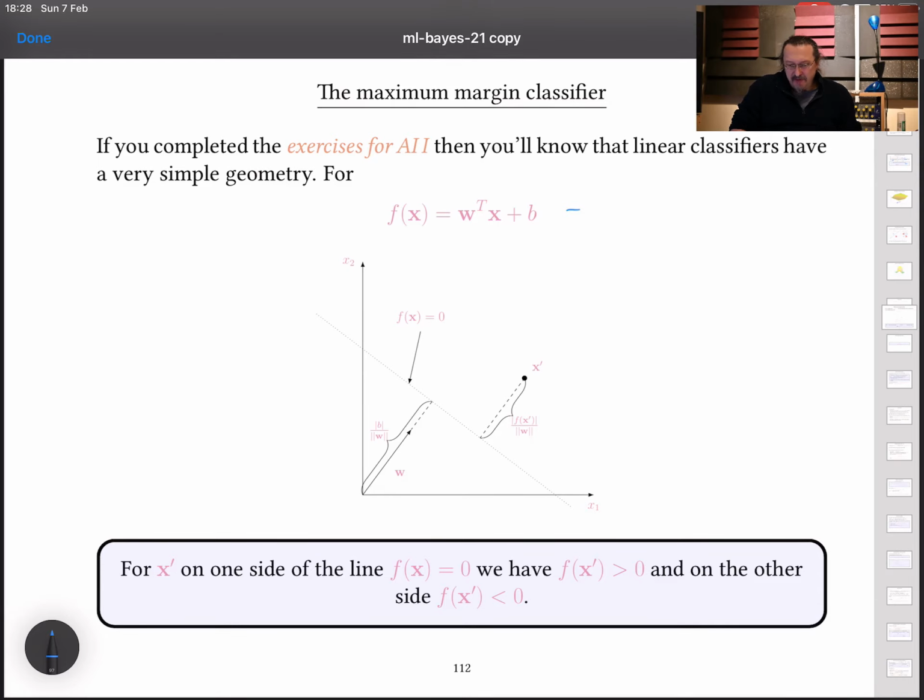That depends on the size of f of x when we plug that specific vector in, and on the size of the weight vector. And the final thing is that on one side of that decision boundary, f of x will have a value that is positive, and on the other side it will have a value that is negative. If you understand this little bit of geometry, then everything that follows will hopefully make good sense.